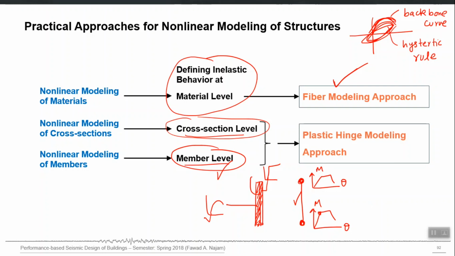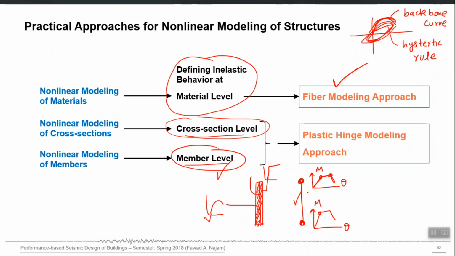Implicitly means not directly but by some other means, indirectly, right? So it accounts for the effect of material failure or any other action of nonlinearity. When you say that the beam will yield at this point, the beam will have ultimate failure at this point, when you define that curve, you automatically account for all those failures, you just lump them as one curve, right?